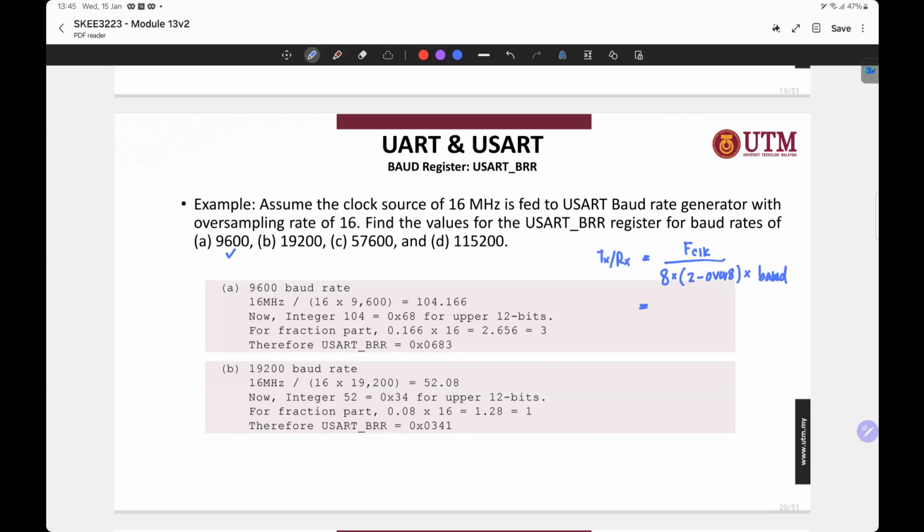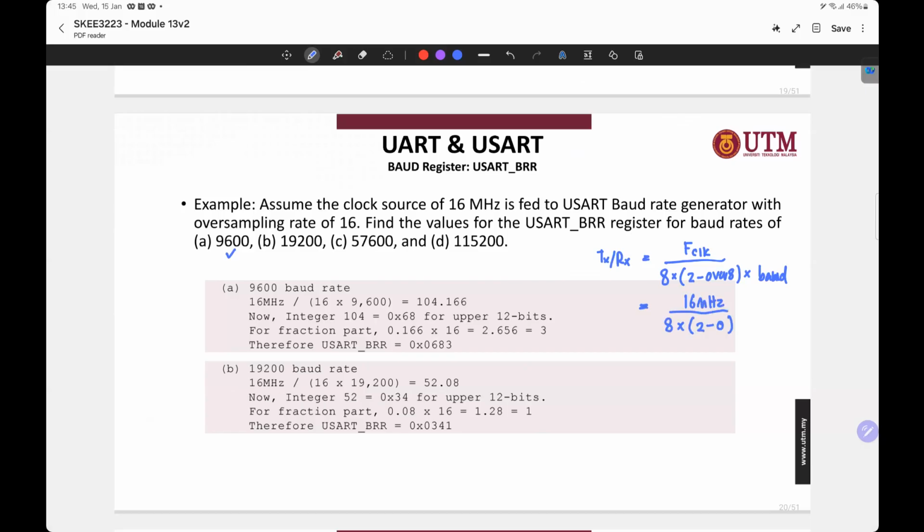So what is your F clock? The F clock is 16 megahertz. This is your processor speed. Times 8, and then 2 minus 0. Why 2 minus 0?